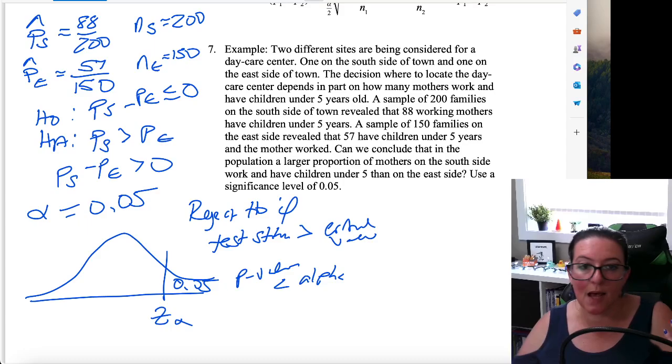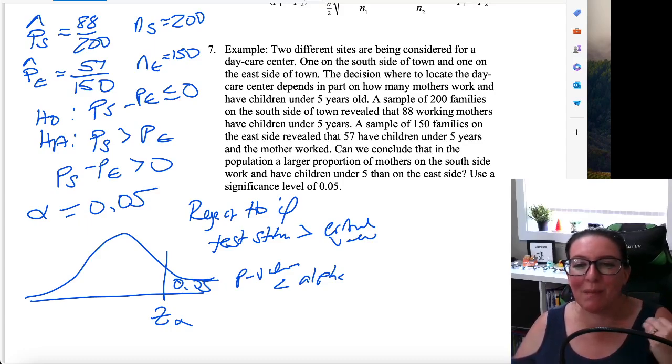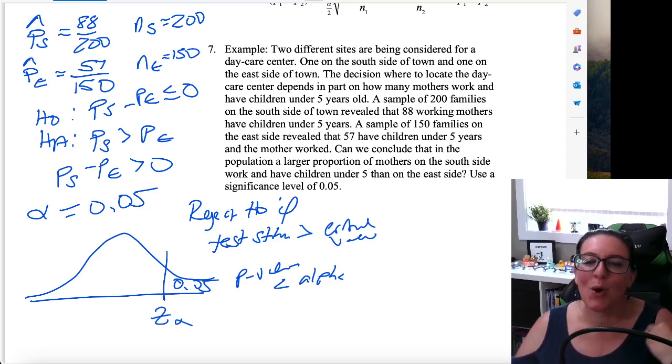All right, in terms of steps, and I think I might have done this in some previous videos too, don't forget you need to mention what the test statistic is. Here we're doing a 2-sample proportions test. What are the assumptions for that test?